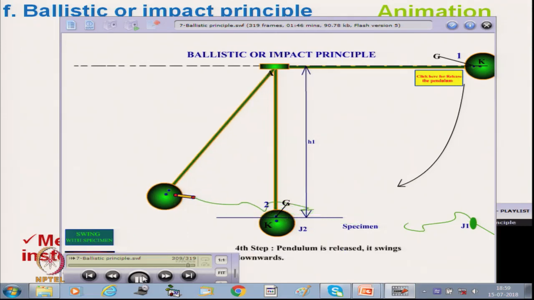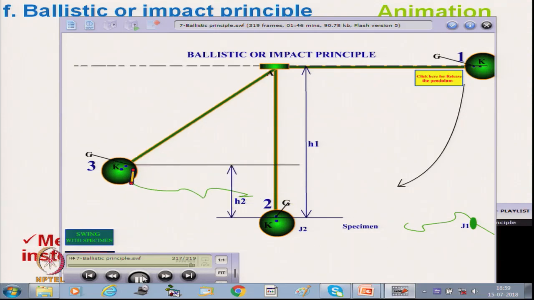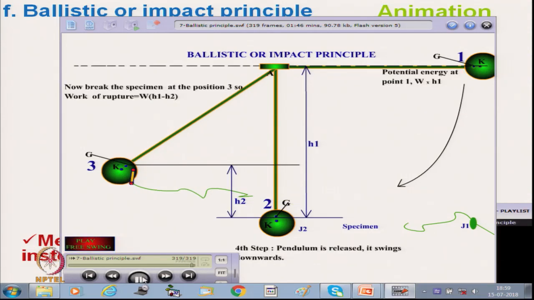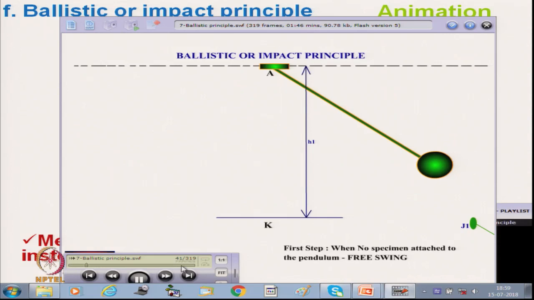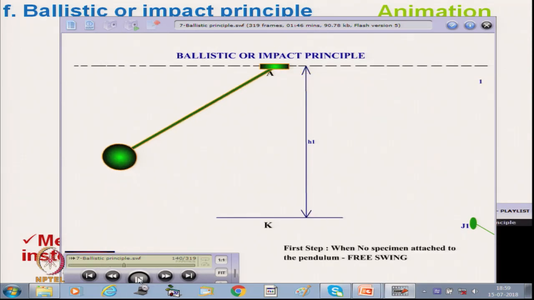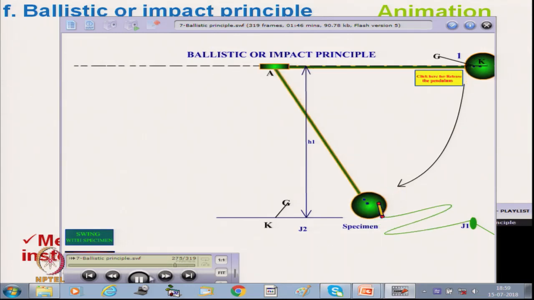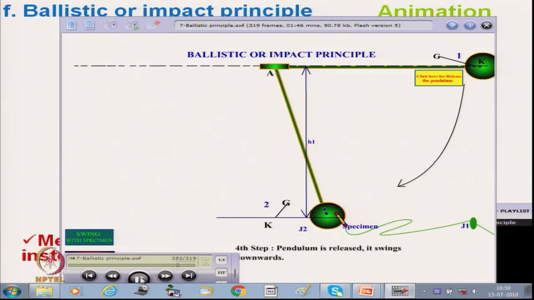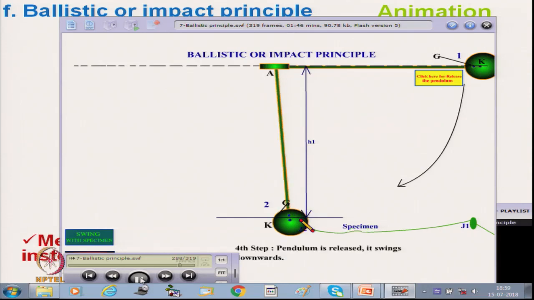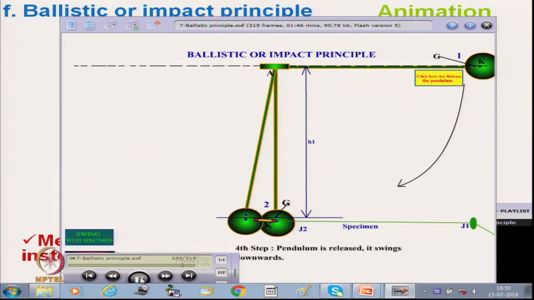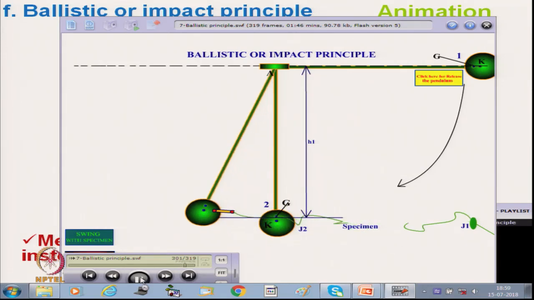After breakage, the pendulum will not move up to the initial point.